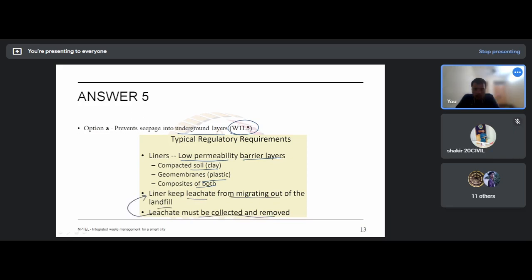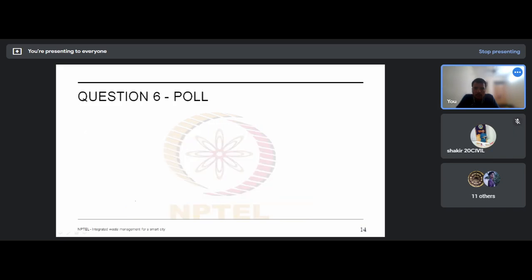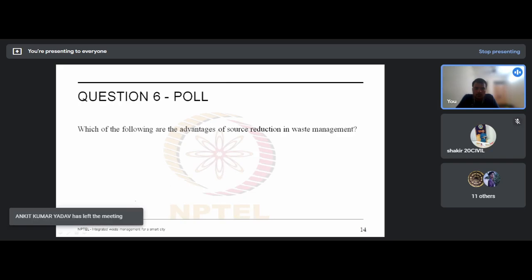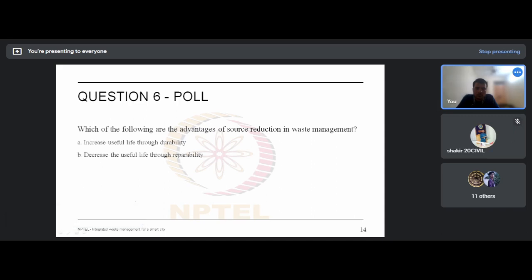So you see the next question. This is question number 6. This is a poll. What are the advantages of source reduction in waste management? The given options are: increase useful life through durability, decrease the useful life through repairability, increase the energy usage in the product manufacturing, and reduce material use in product manufacturing. You can answer this in the chat as well as the poll.